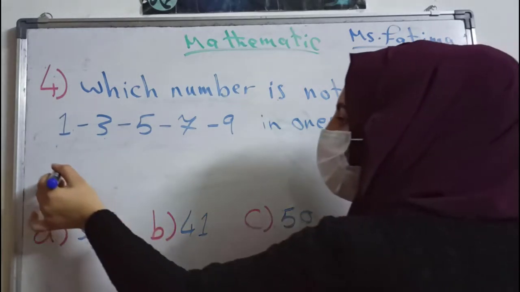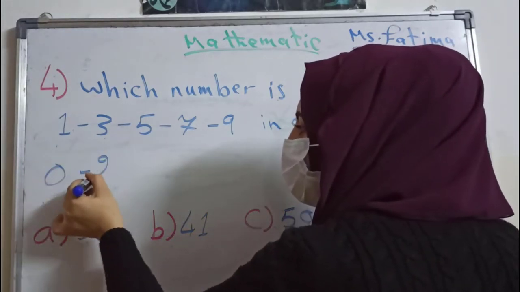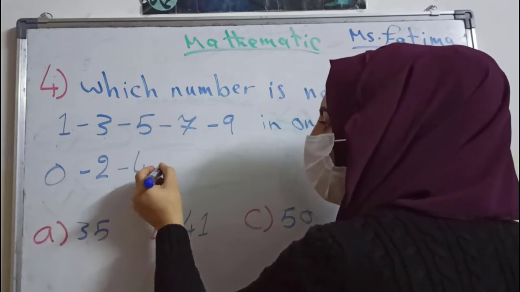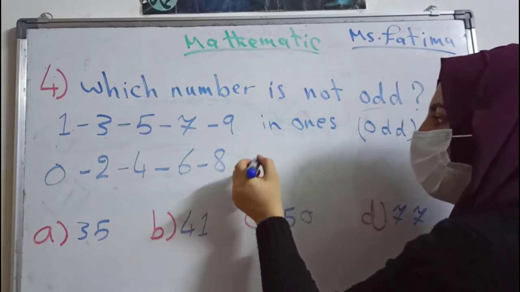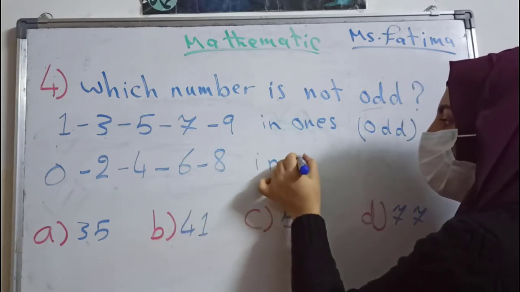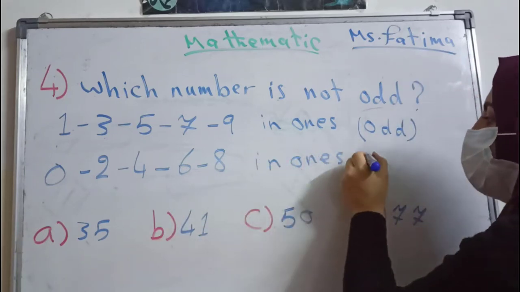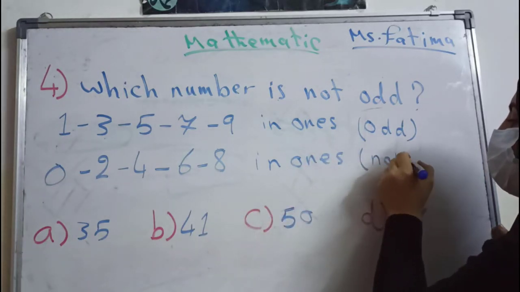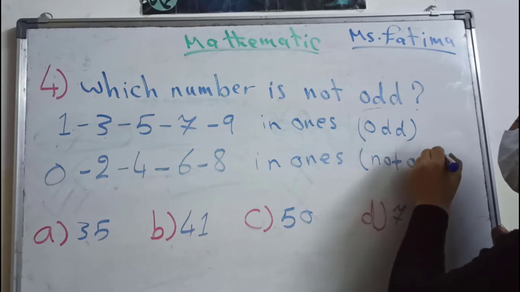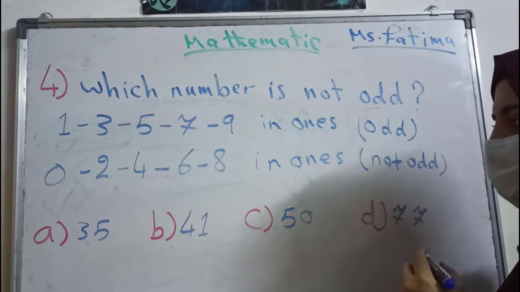But if we see 0, 2, 4, 6, 8 in ones, we say they are not odd.